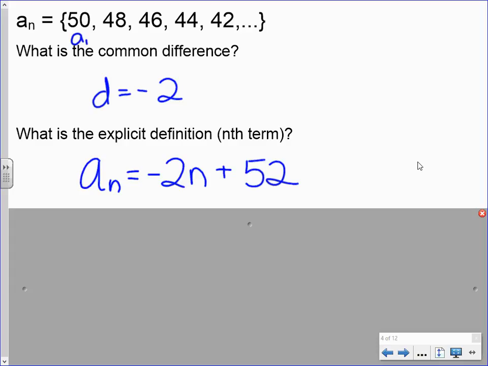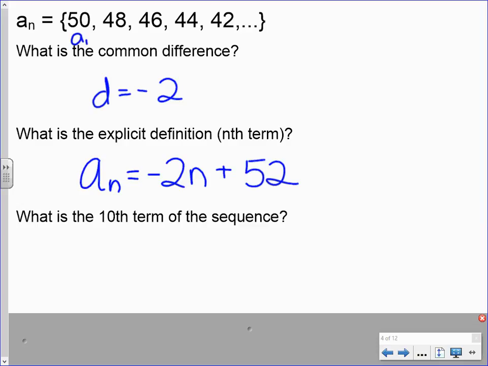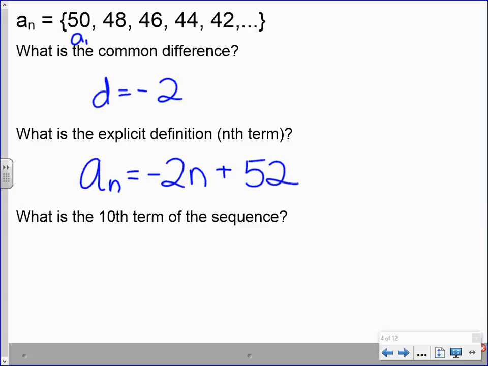Now that we have our explicit definition, I want to know the 10th term in the sequence. Gabby, how do we find the 10th term? We could count until we get to the 10th term. Is there a quicker way?